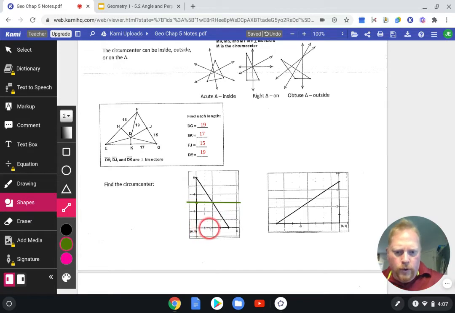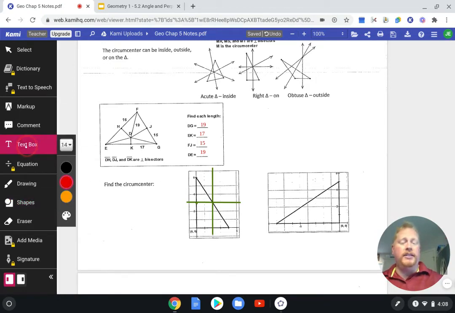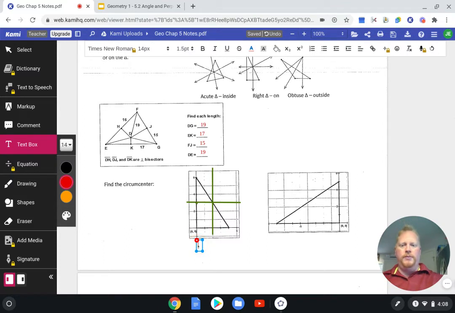It goes over 1, 2, 3, 4. It goes over 4 spots. So I go right in the middle and then make a vertical line. Now I could go ahead and do the third side, but I know it's going to intersect at the exact same spot. So all I have to do now is take a look at where those 2 lines cross. Looks like they cross at 2, 3. So that is my circumcenter.